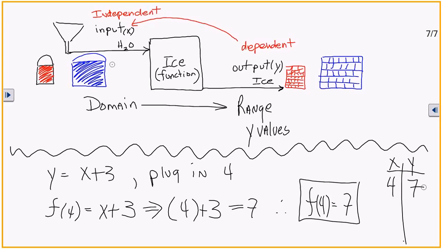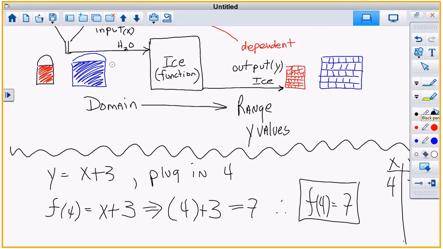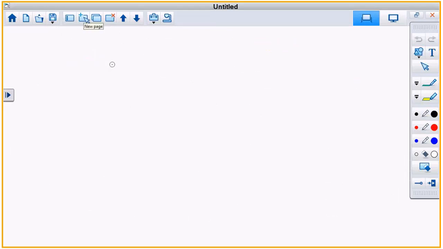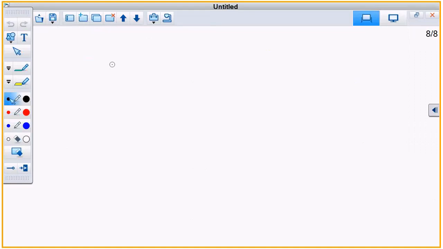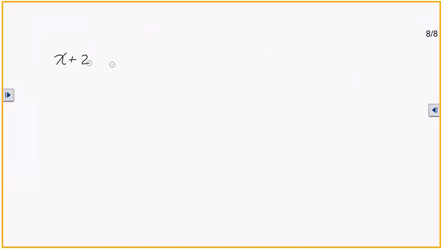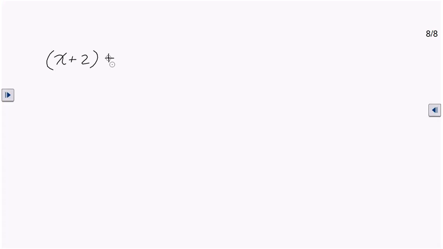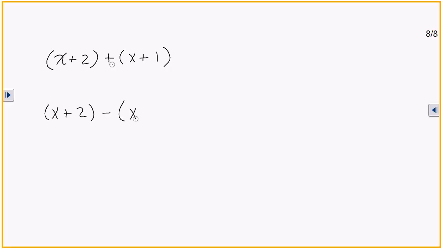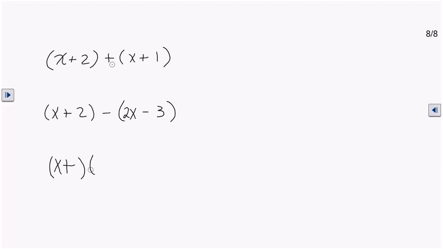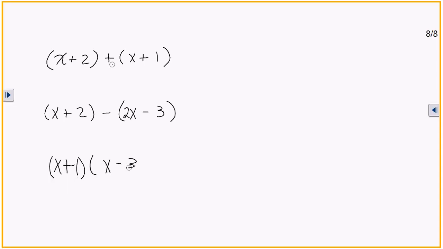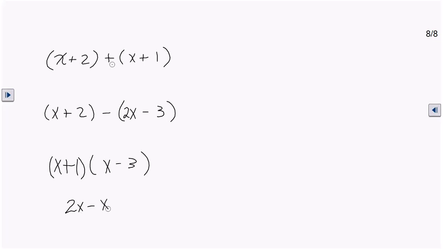Well, in the previous video, we did x plus 2, and we did something like, I can't remember the actual, x plus 1, and then we did x plus 2 minus x, 2x minus 3, and we did x plus 1 times x minus 3, and then we did 2x minus x over x.